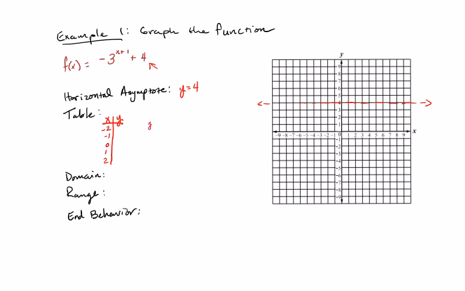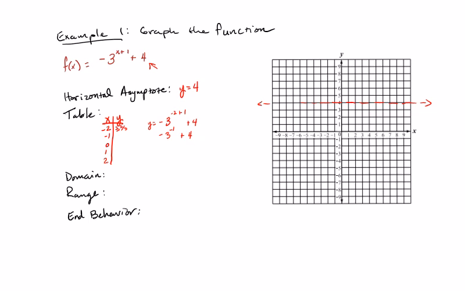So y is going to equal negative 3 to the (x plus 1) plus 4. For -2, we get -3 to the -1. So 3 to the negative first power is 1/3. So we have -1/3, right, plus 4. So we just say 3 2/3. Is that alright? I'm going to go real crazy and do mixed numbers for you.